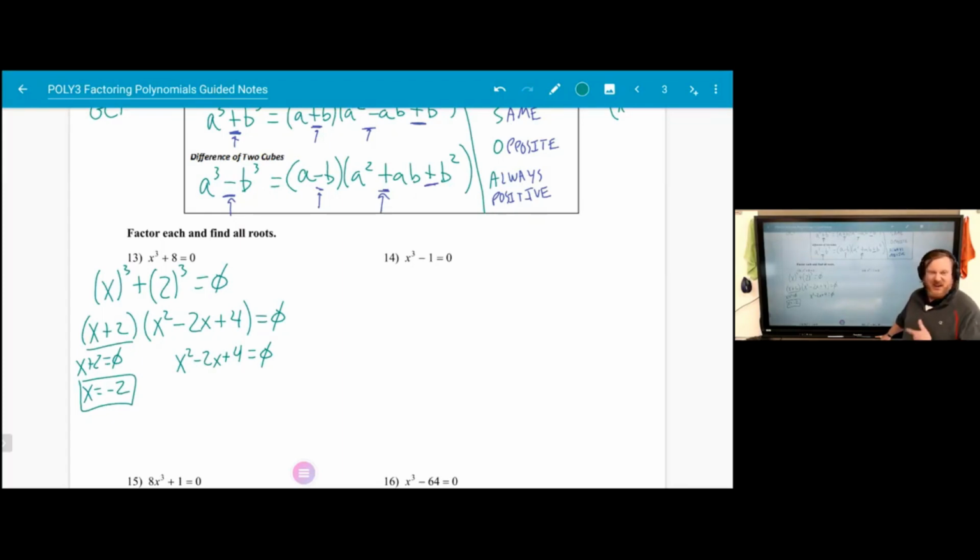Yeah, that's actually what I'm going to do. Could we do quadratic formula? Yeah, because the quadratic formula works for all quadratics. Could we do factoring? No, because I just told you we can't. It won't factor. There's nothing that multiplies to +4 and adds to -2 that are whole numbers. I'm going to do completing the square.